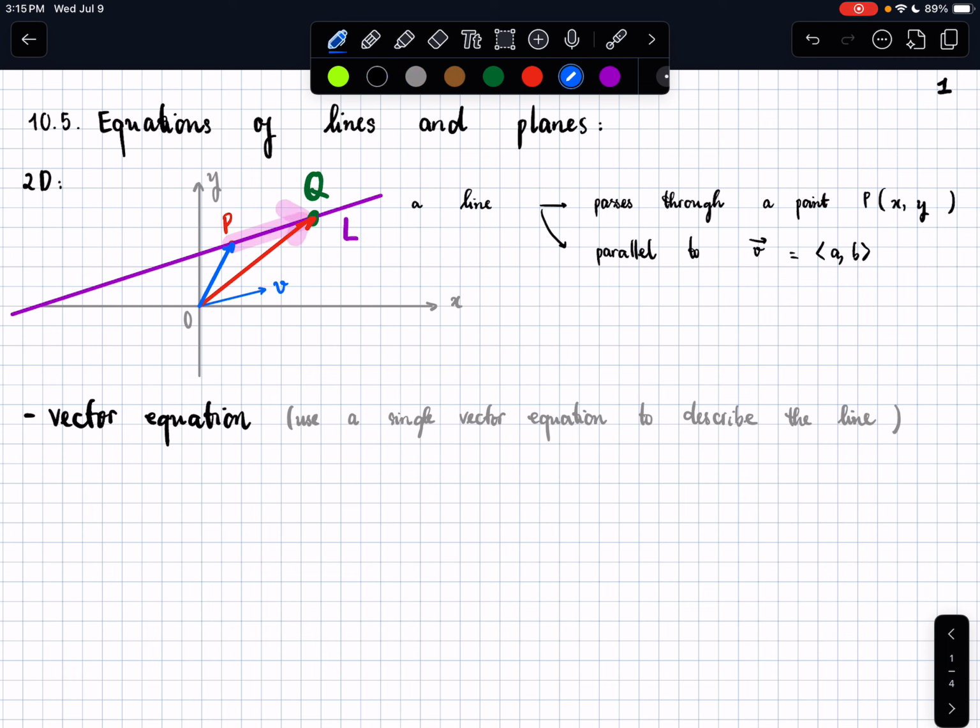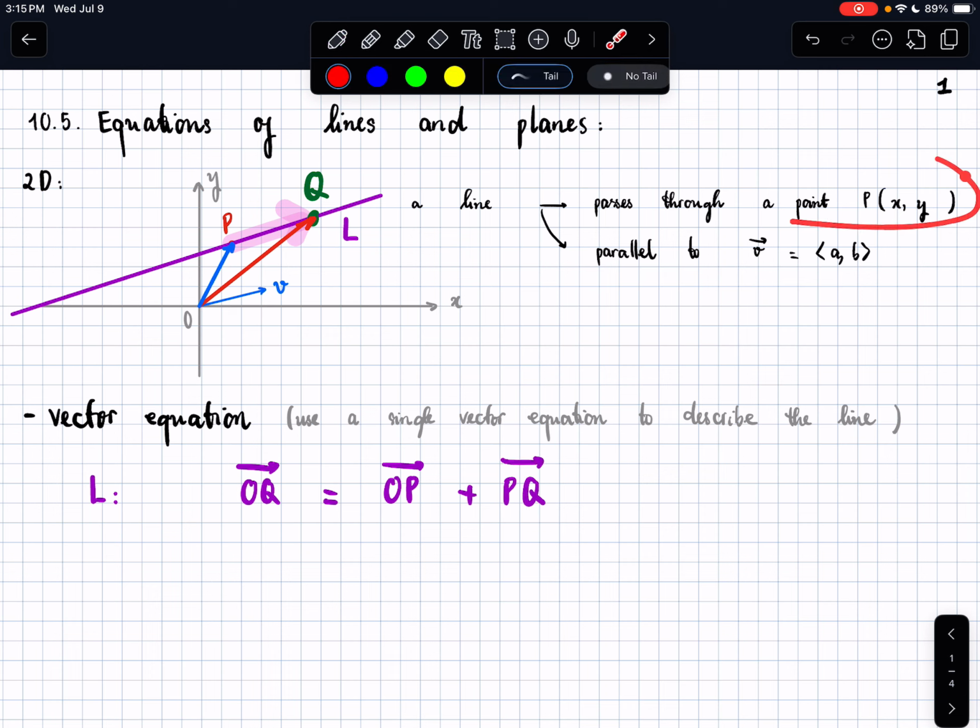So the vector equation of the line L: vector OQ equals vector OP plus vector PQ. Vector OP is known if we are given the coordinates of the point P, and PQ is parallel to vector V.